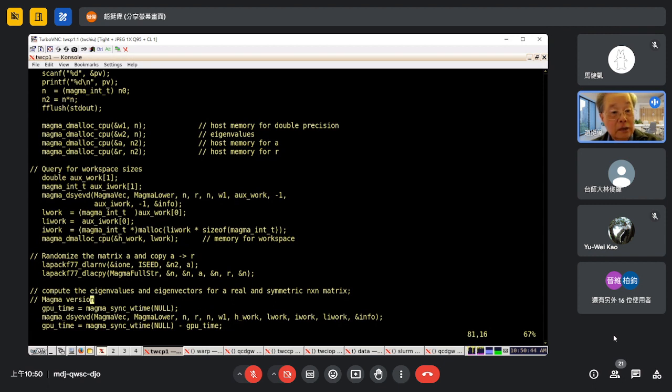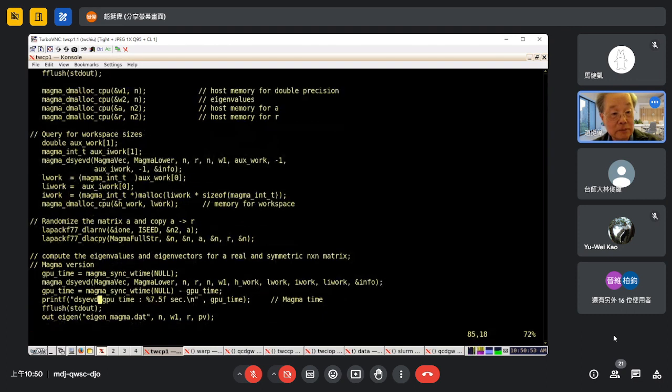And then it computes the eigenvalues and eigenvectors for this unsymmetric matrix. This is the Magma routine. And then we print out the time.